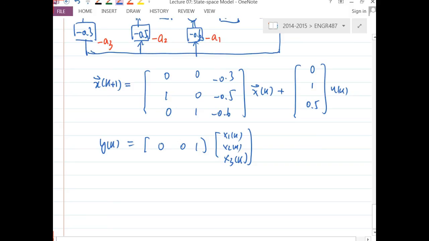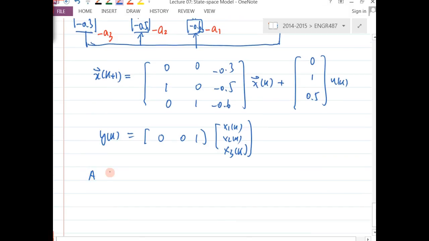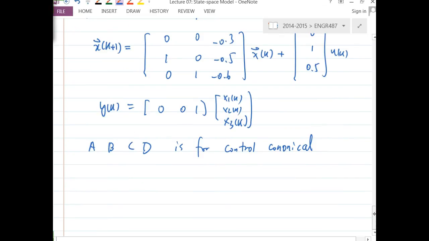So if A, B, C, D is for control canonical, then the corresponding is A prime, C prime, B prime, and D for the observable.